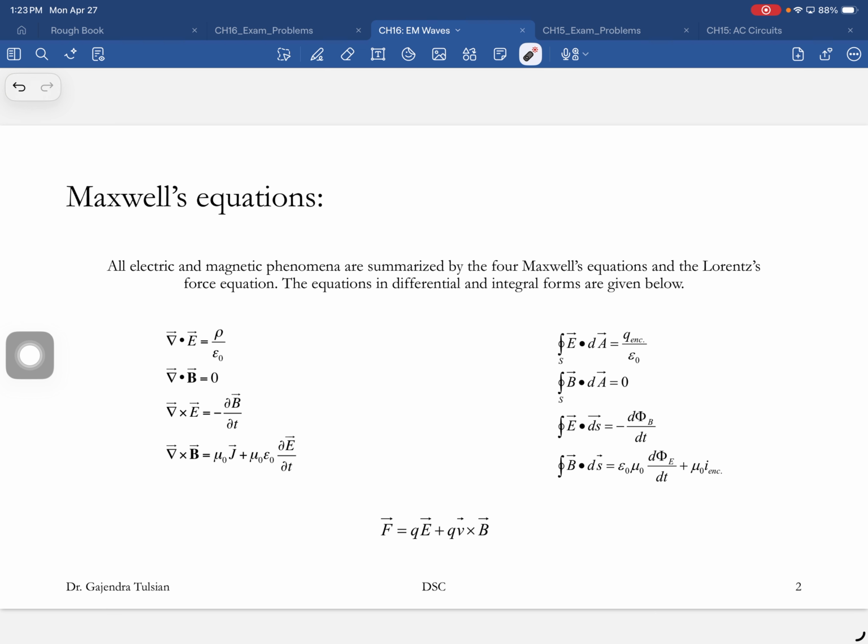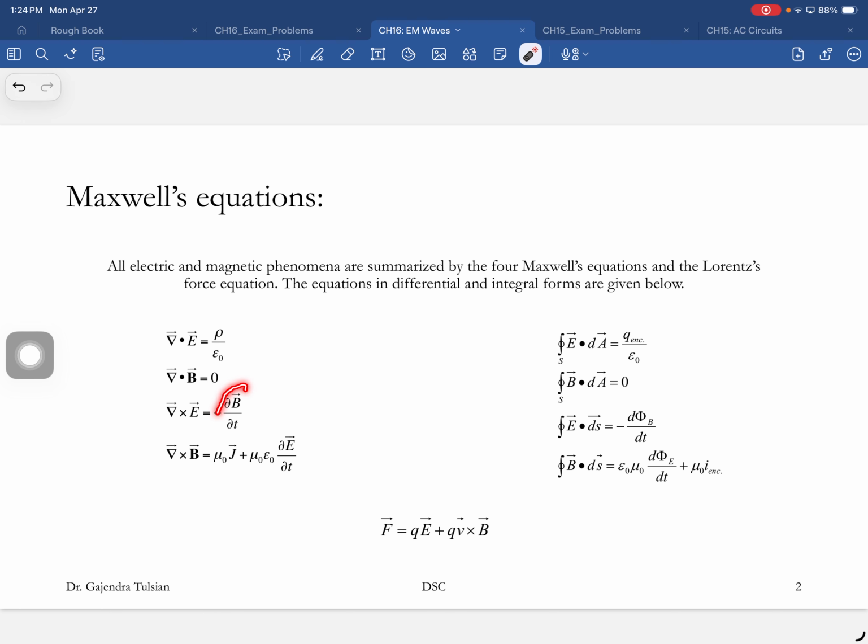When you're charging a capacitor, the electric field between the capacitor is increasing, and that increasing electric field produces a magnetic field like that. And that's what these two equations are telling you.